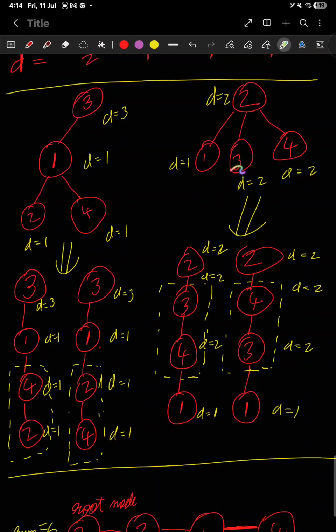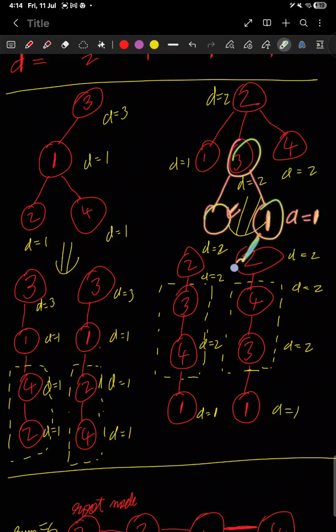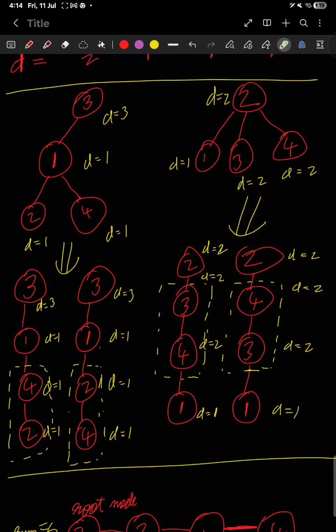If the value of the node is greater than the divineness of the parent node, then the divineness of the parent node would be copied here. Or else if the value is smaller, for example 1, the divineness would change to the smaller value. And further, if you add more nodes, the divineness would remain the same unless an even smaller number, for example 0, is found. I'm only considering this example, so 0 can't exist here. Yeah, so let's move on.